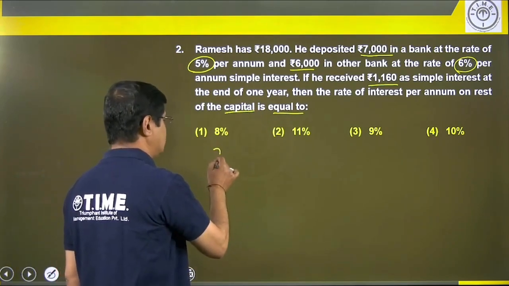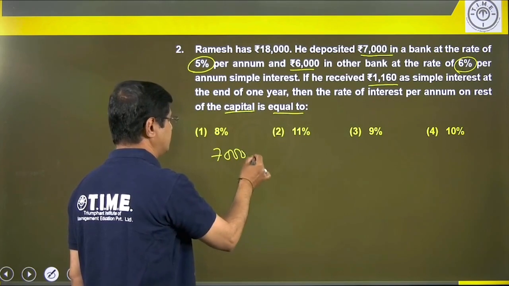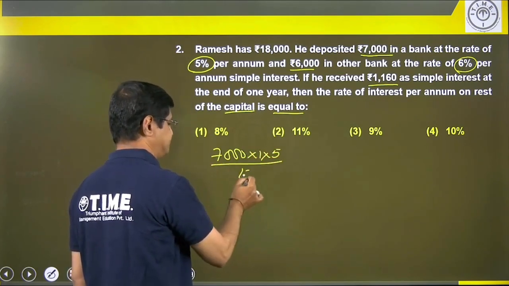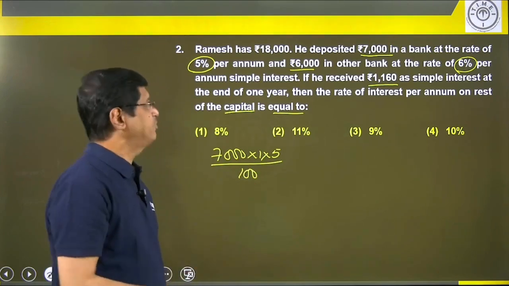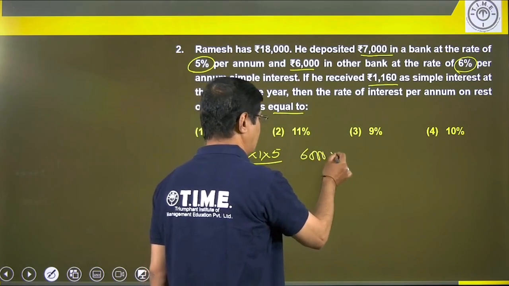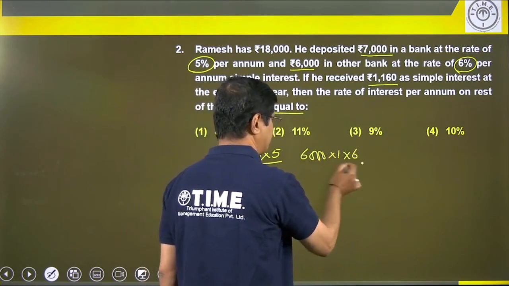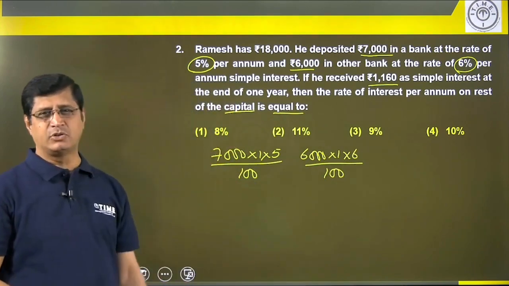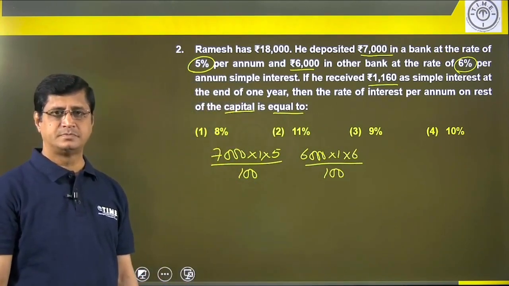The first principal is 7,000, invested for 1 year at a rate of 5% per annum. What is the second principal here? The second value is 6,000, for 1 year at a rate of 6% per annum. 7,000 plus 6,000 is 13,000.